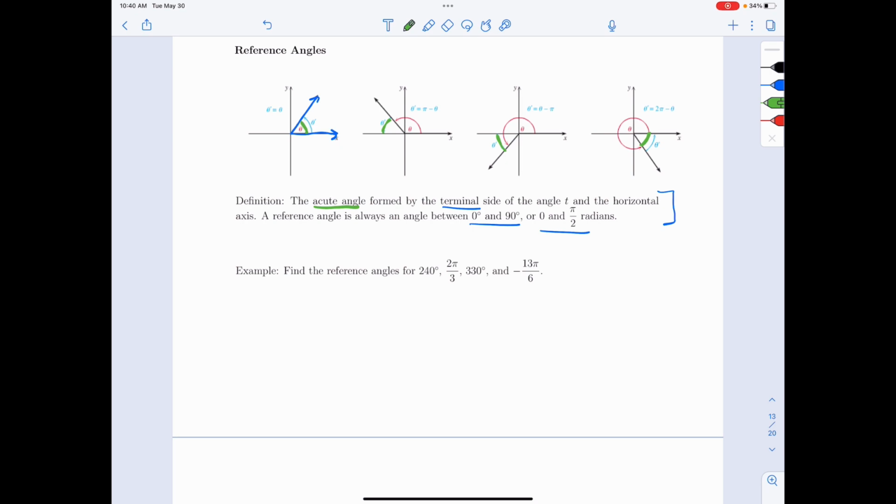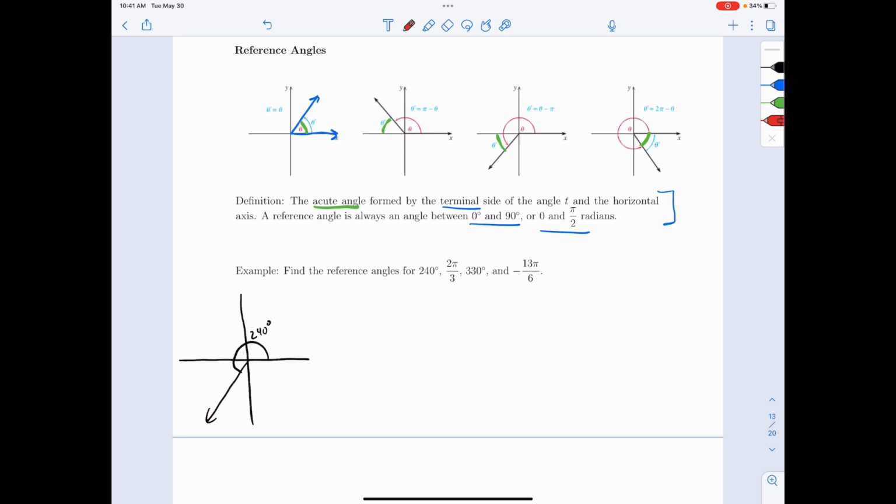Okay, so let's do this example and then we'll talk about how this works in conjunction with the unit circle. I'm going to draw each of these angles. For the reference angle for 240 degrees, 240 is a little more than 180 and less than 270. So there's an angle of 240 degrees.